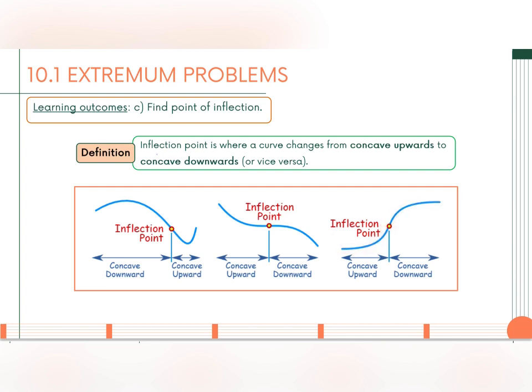So sebenarnya kita dah nampak dah inflection point ni dekat graf cubic function. For example, saya tunjukkan, kita dah tahu dah graf kepada y equals to x cube. So kita boleh lukis dekat sini. So untuk y equals to x cube, there will be one intersection point dekat 0, 0 here. Dan graf kita akan bergerak daripada sini naik atas, so it will be looks like this.